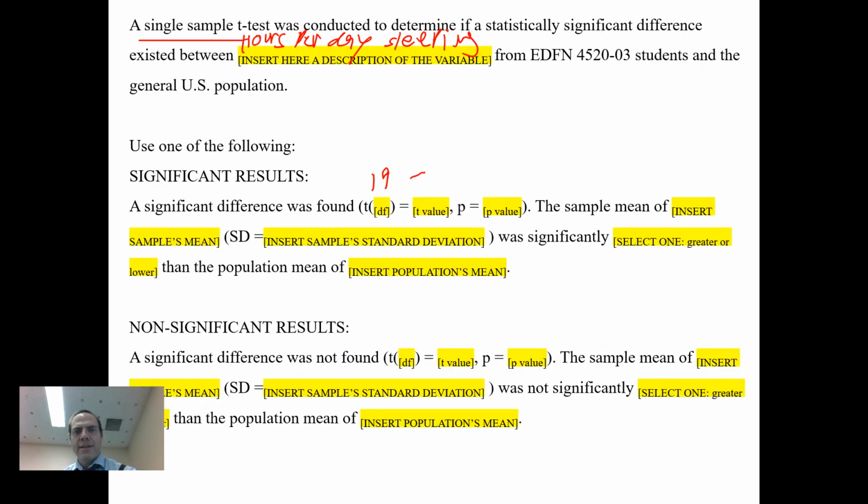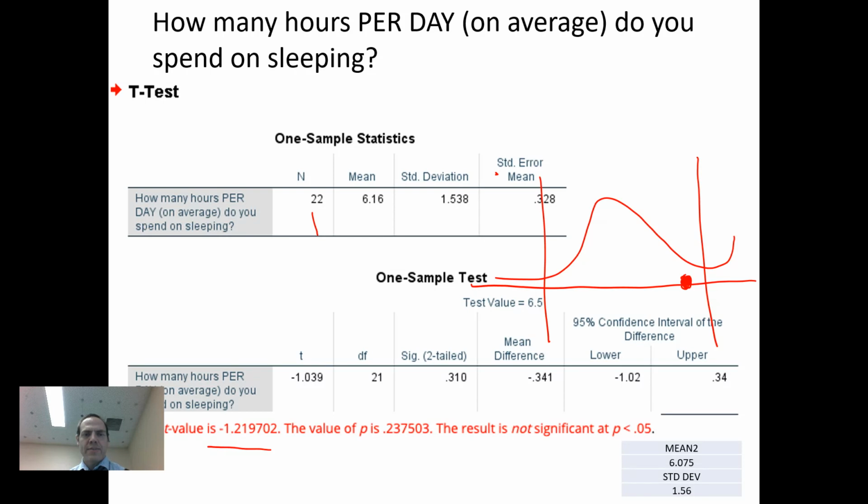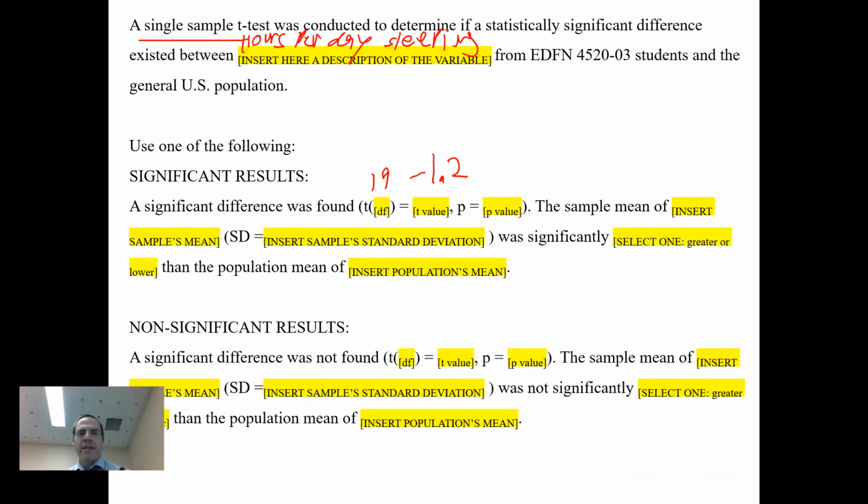Sorry. Your p-value, 0.23. I messed up, sorry. This should go here. Nobody corrected me. What's going on?